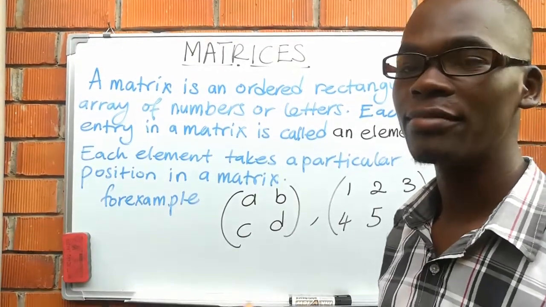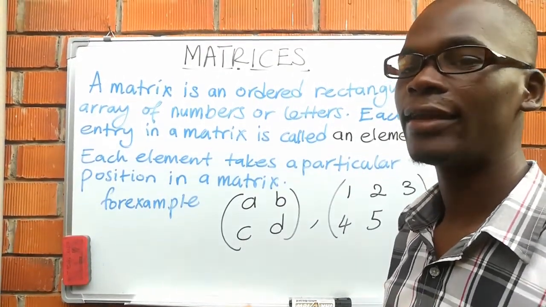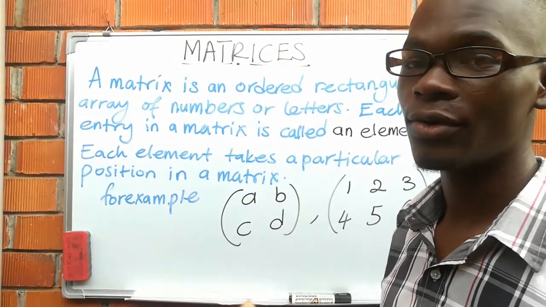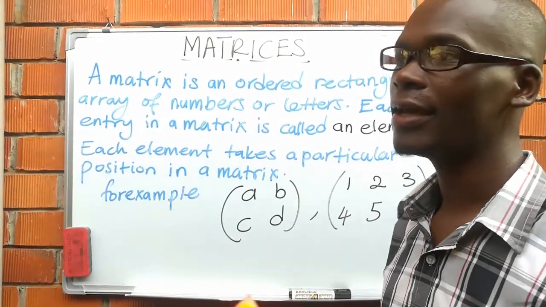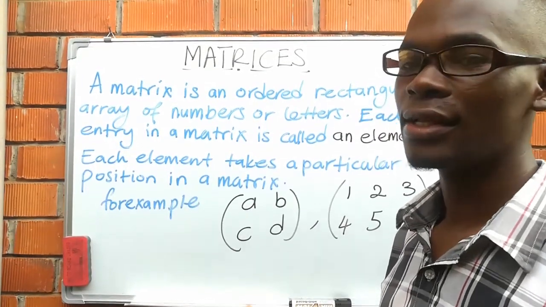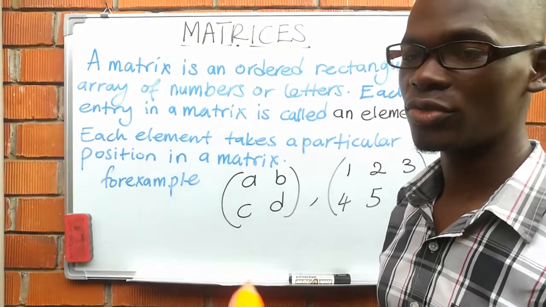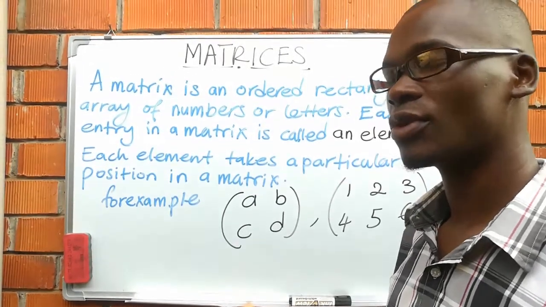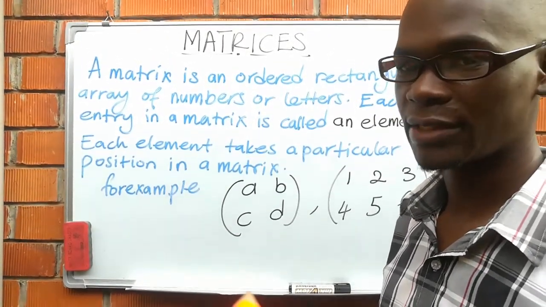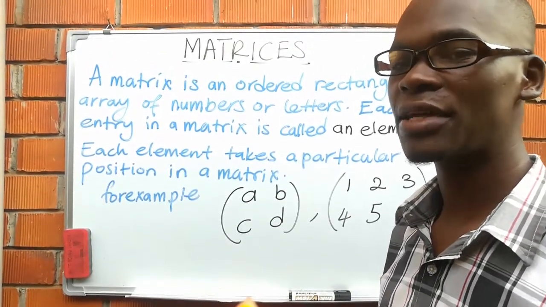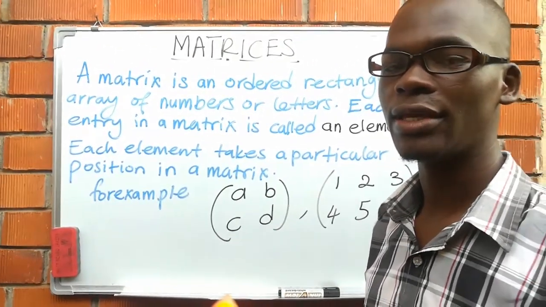We are defining a matrix as an ordered rectangular array of letters or numbers, and each letter or number in a matrix is what we call an entry or an element, and this element takes a particular position in the matrix.